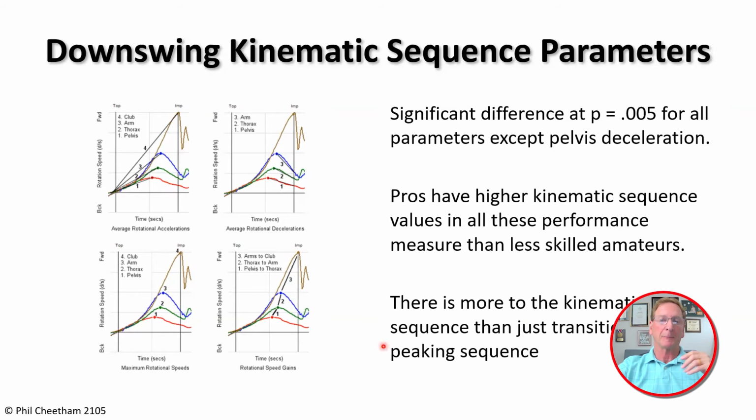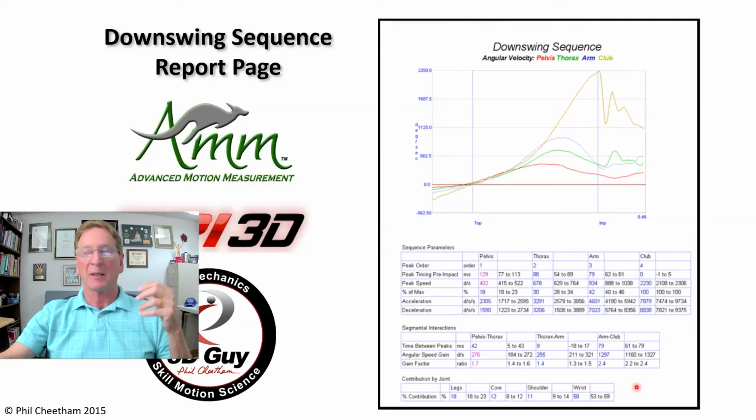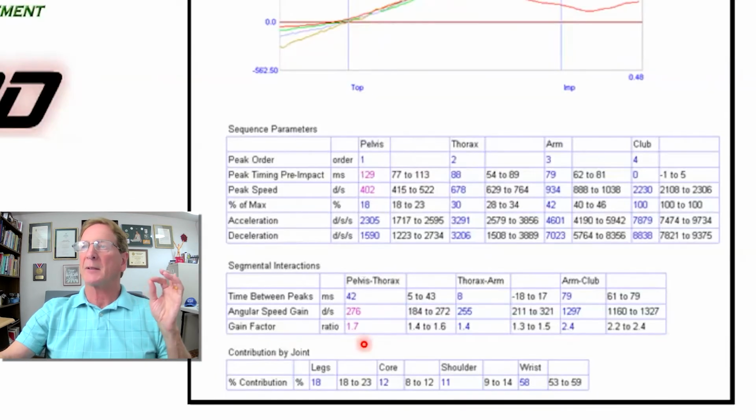A couple of the other interesting factors that we're measuring is one we called the gain factor. We looked at the ratio of the pelvis speed to the thorax speed, and we found a factor of between 1.4 to 1.6. We looked at the thorax to arm speed increase, and we found a factor of about 1.3 to 1.5. So I guess an average about 1.5 in this case, 1.4 in this case.